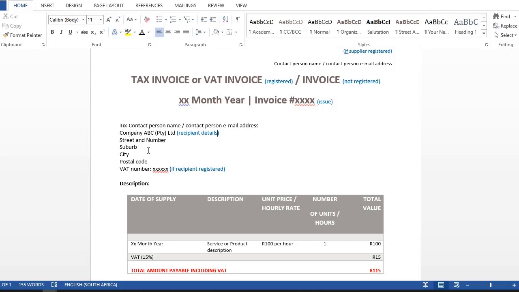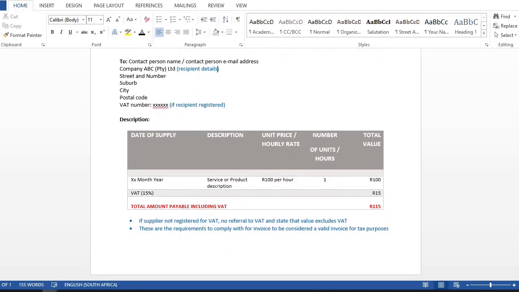So that would again be the company or whoever you are selling to, as well as preferably their physical address, the postal code, and once again the VAT number if this recipient is registered for VAT. So when both parties are registered for VAT, it is very important to include the VAT number, otherwise you will not be able to claim your VAT.